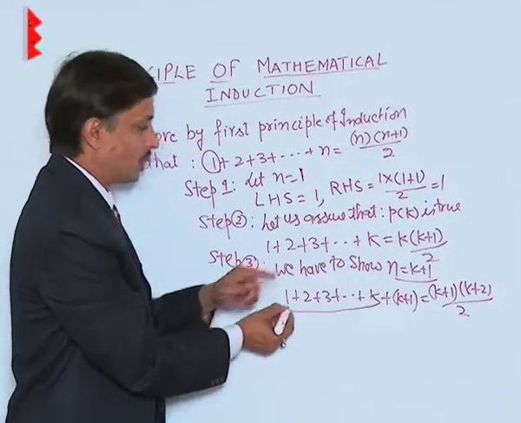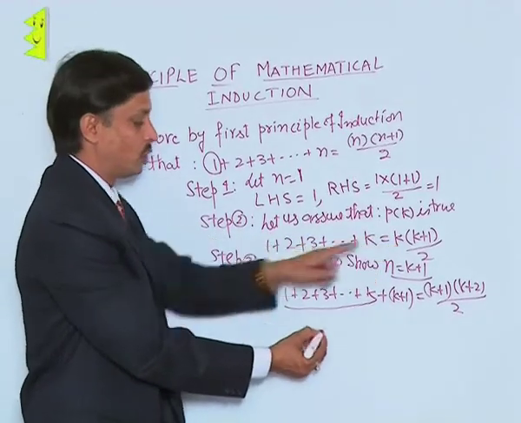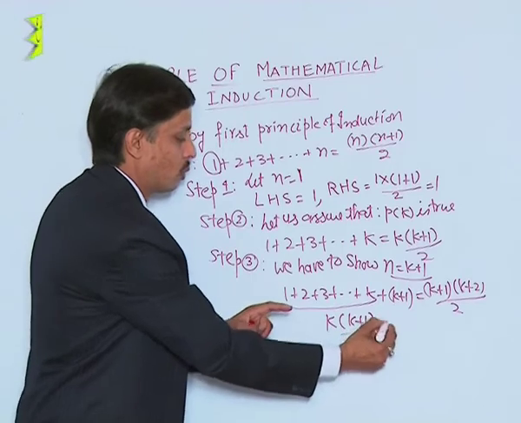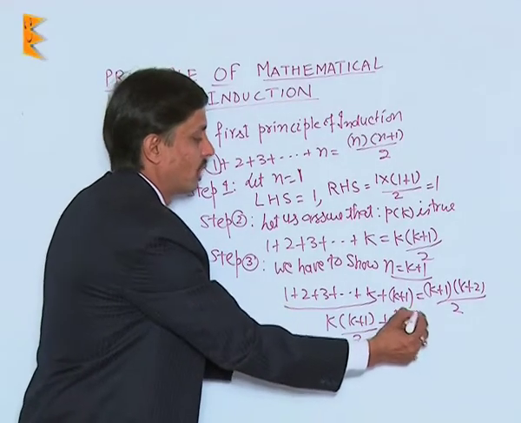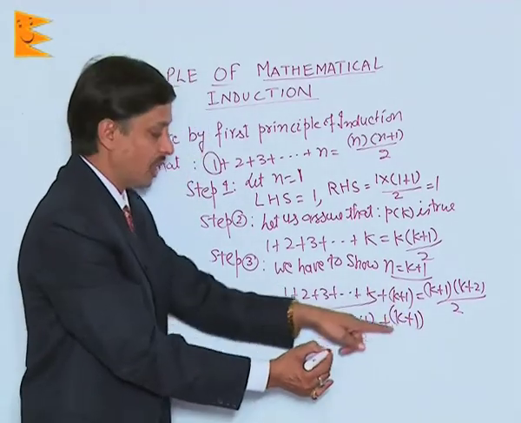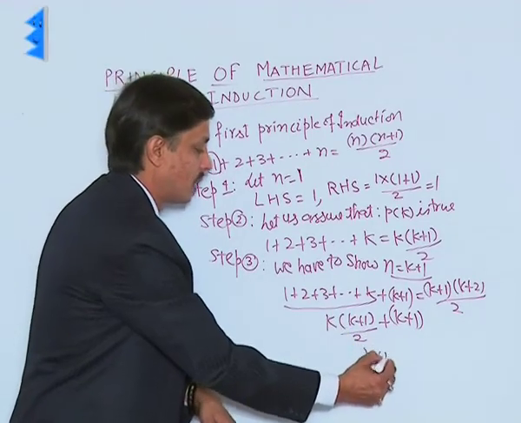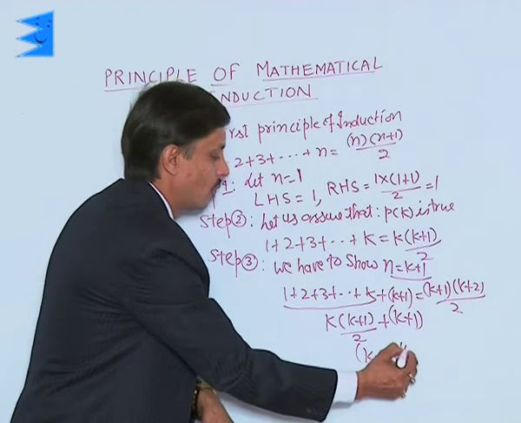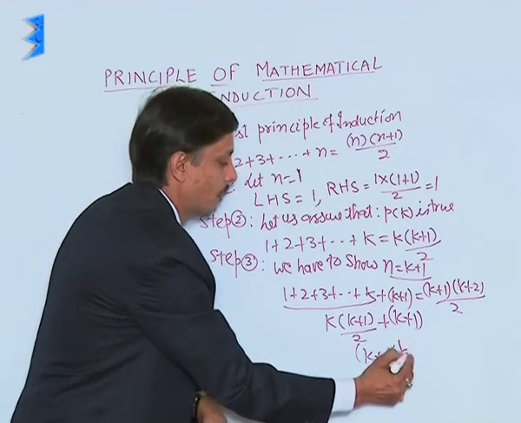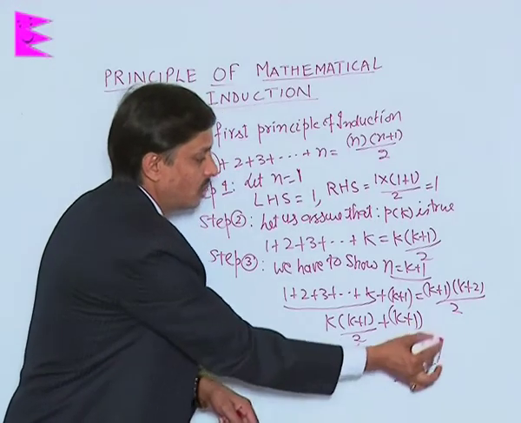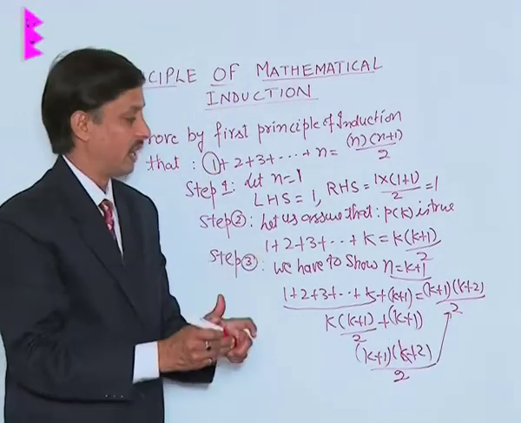The value of this part can be taken from the assumed step, that is k into k plus 1 upon 2, and one more step was taken as k plus 1. If I simplify this part, I will get k plus 1 into k plus 2 upon 2, which is our required right hand side.